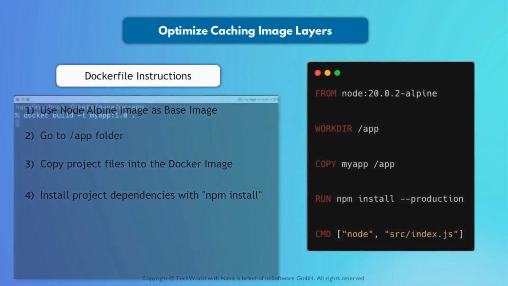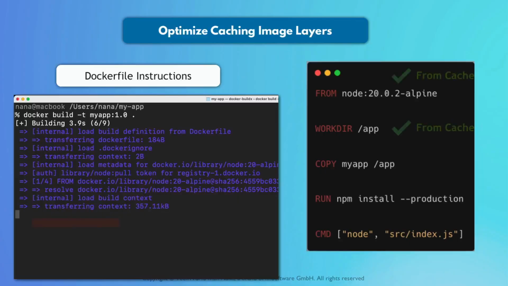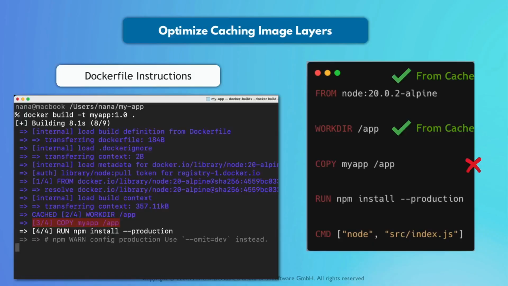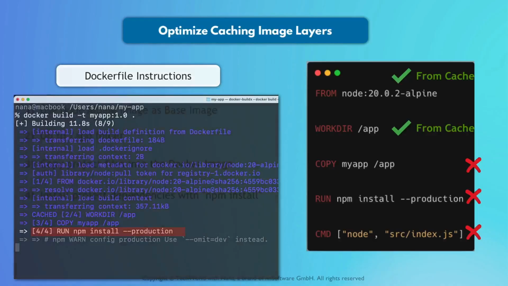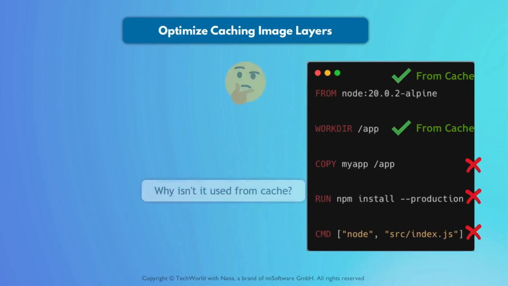Since we are copying everything into the image, this means copy command will be executed again because it needs to copy the changed files, right? All the changes that we made in the code. But the next line of npm install is also re-executed, even though we didn't change anything in the dependencies.